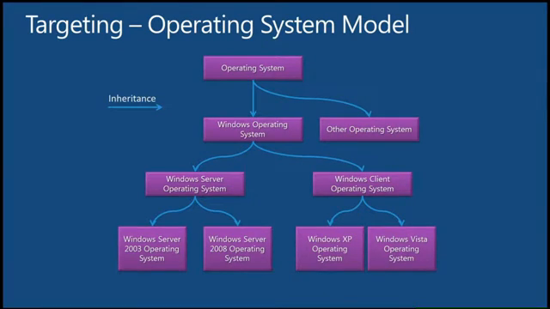So you need to be aware of the hierarchy of the classes that you're targeting, because you don't want to push a monitor out to a bunch of agents and a bunch of servers that don't need it. All you're doing there is taking up processor, taking up cycles. You only want to push your monitors, your rules, to the places they need to go. So your targeting needs to be as specific as it can.